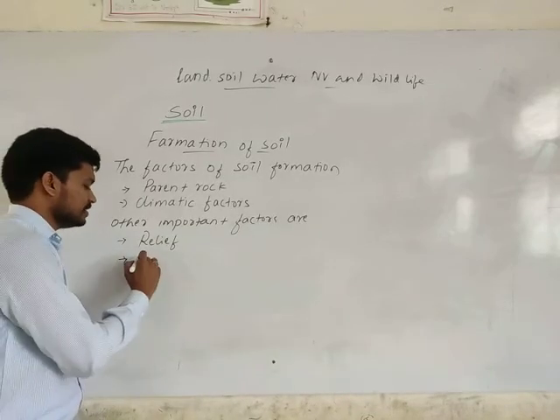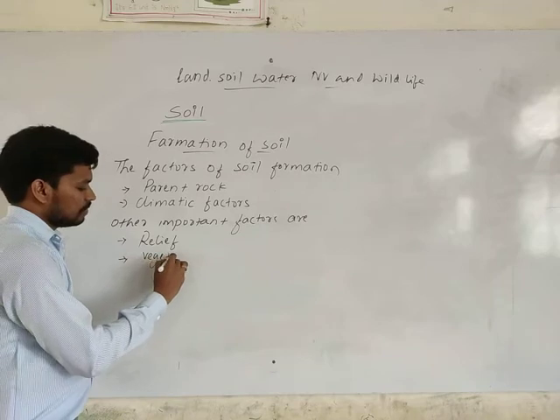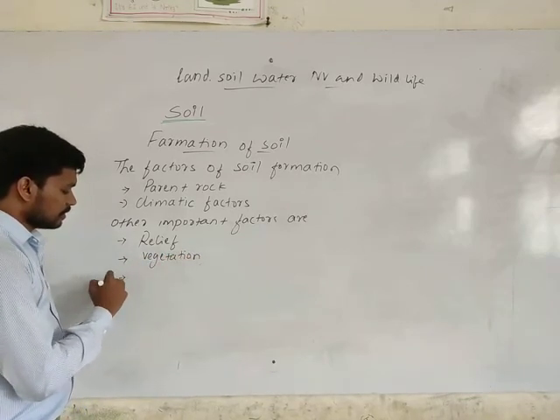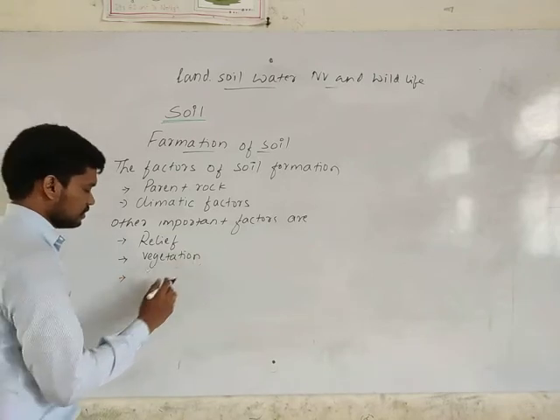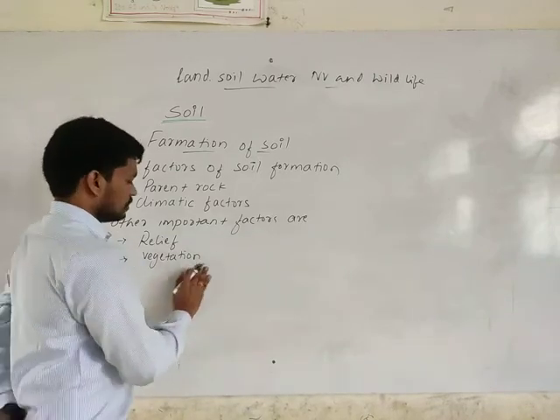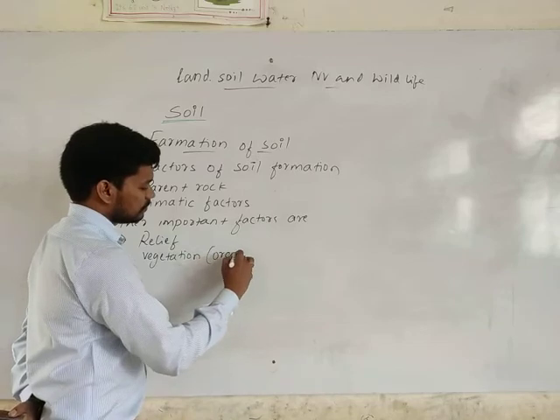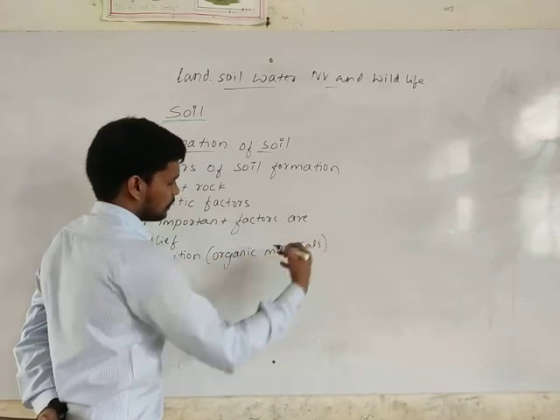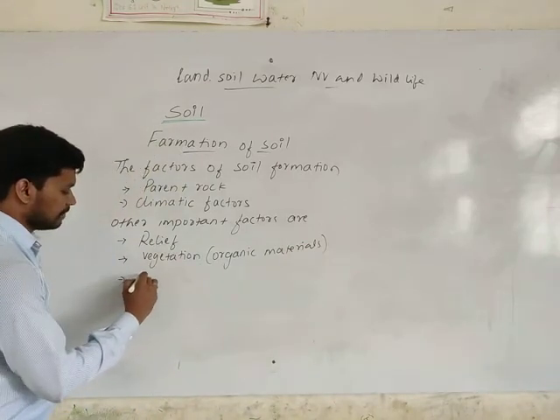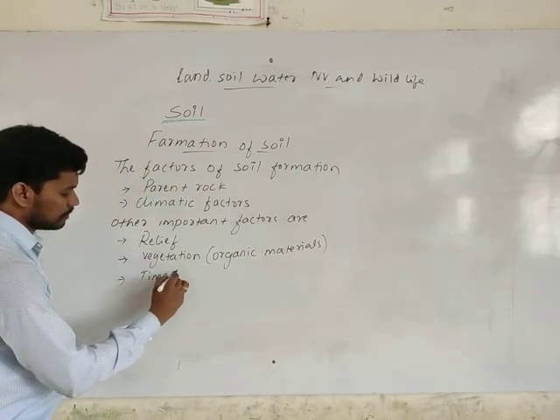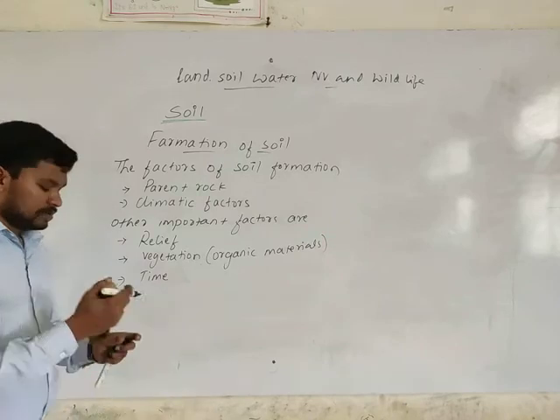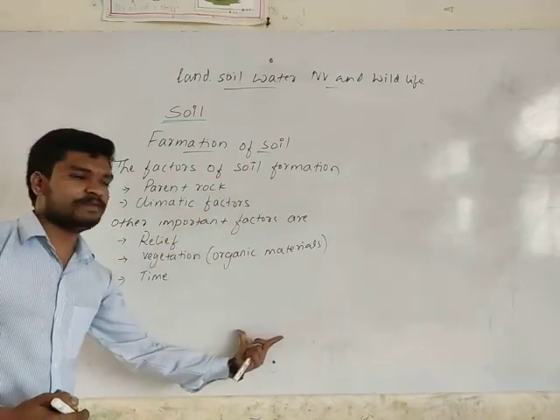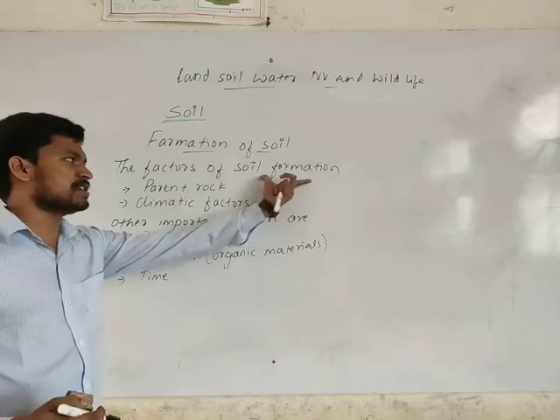Instead of that, we can write vegetation. Then organic matters or materials, then the time. So these all are the factors which influence or are involved in the formation of a soil.